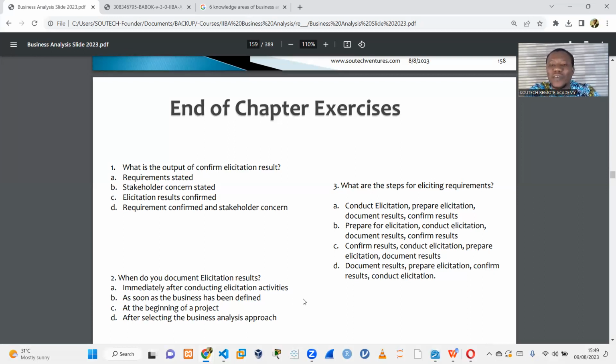Elicitation activities help you to collect requirements and get details of what the project is about, right? How do you do that? What are some of the tools and techniques? You're going to be using brainstorming, mind mapping, maybe subject matter experts, implementation experts. These are the kind of tools and techniques you can use to get details about what your project is about.